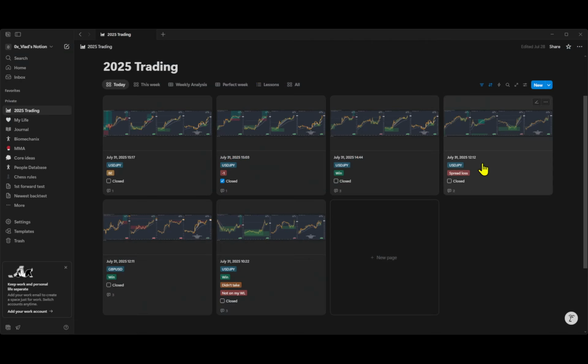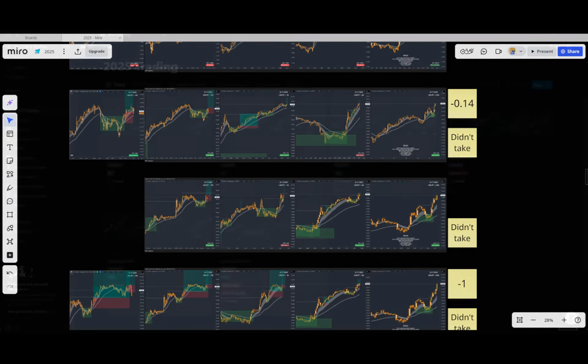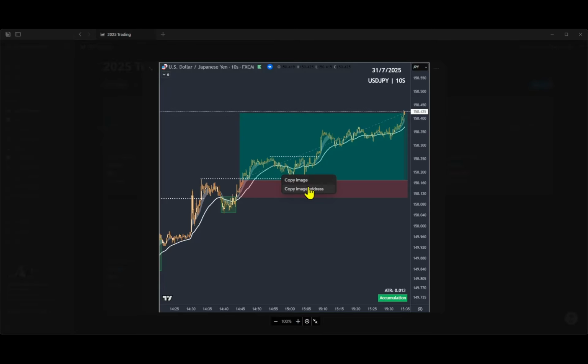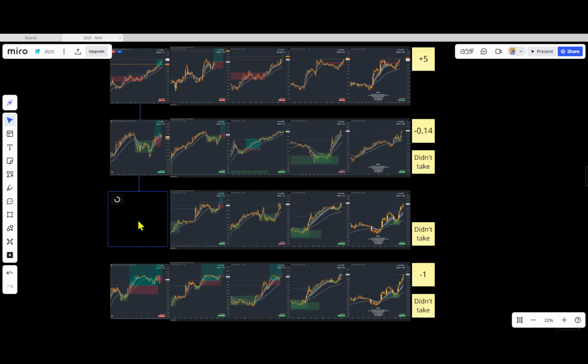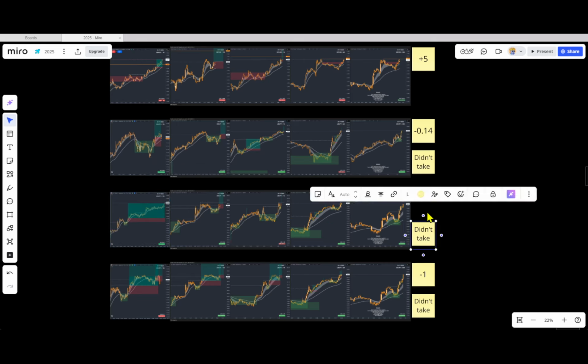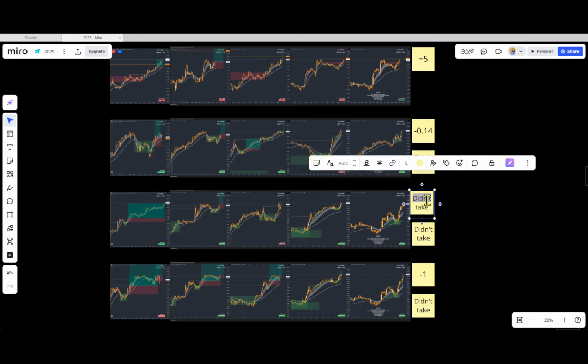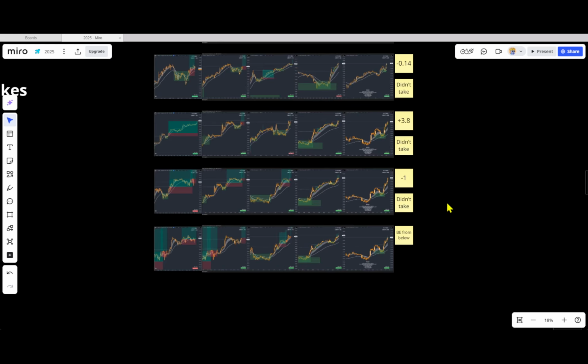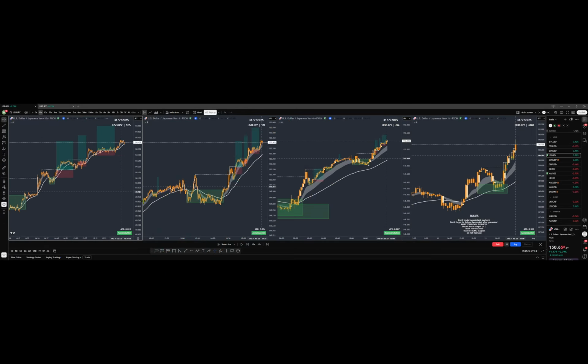So there was a spread loss, then there was a win. So this win, that's a plus 3.8. I need to copy that over here. Okay, nice. We're back on track. Didn't take this. Cool. So moving on.